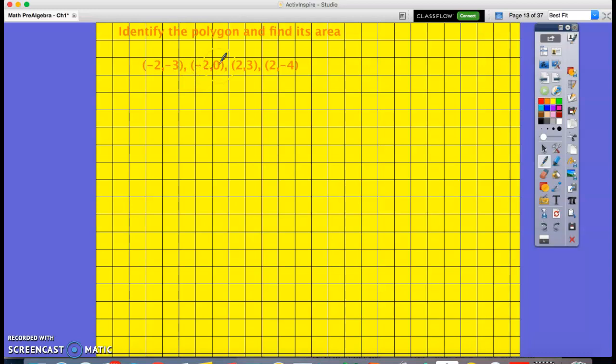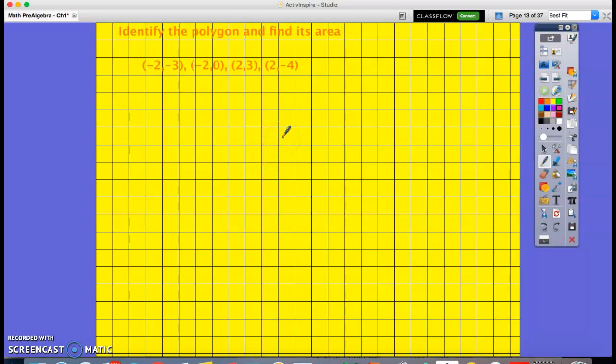Now identify the polygon and find its area. You are given 4 points and you don't know what kind of polygon it is. The best thing is to plot the points on the coordinate axis, then find the slopes of the sides and see how many sides are parallel.